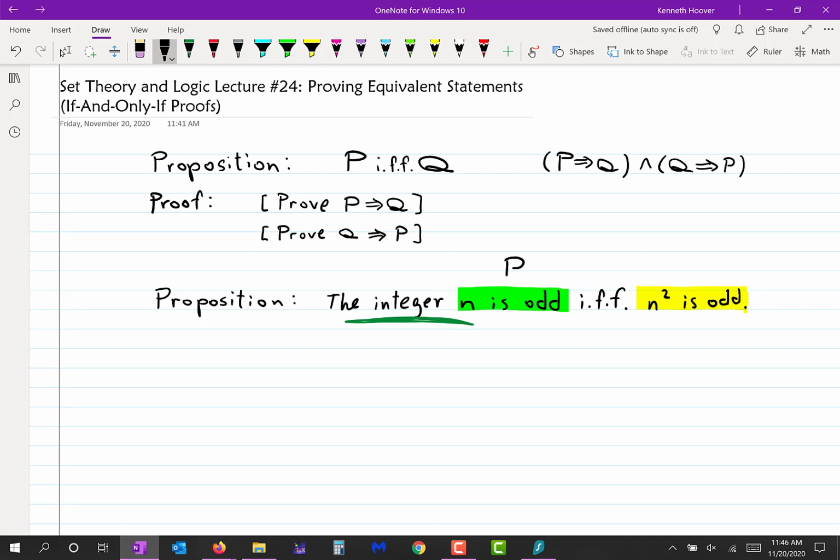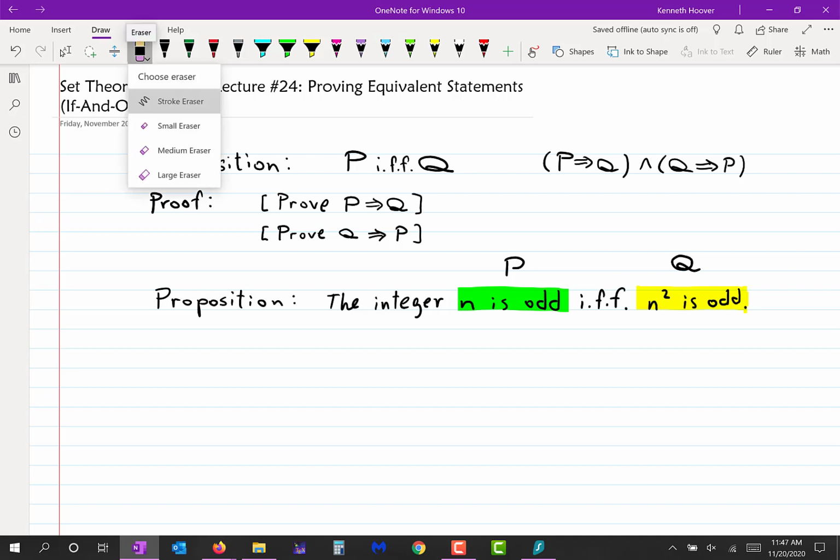This is P: n is an odd integer would be P, and Q would be this: n squared is odd and n is an integer. Do you see what I'm saying? The part about n being an integer applies to both directions. Does that make sense? So I'm going to label n is odd as P and n squared is odd as Q. But for both of those, part of it is n being an integer.